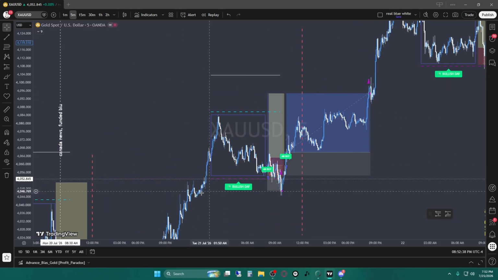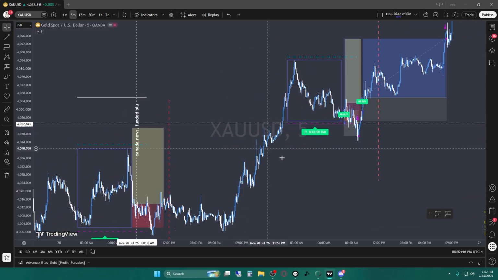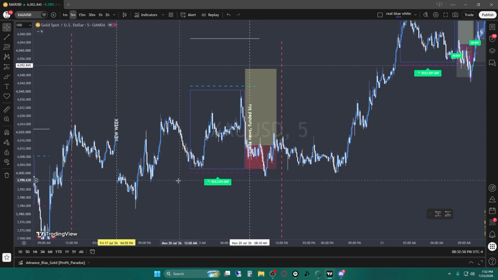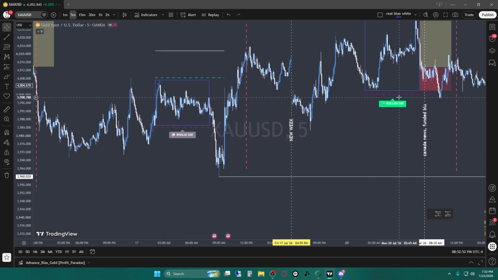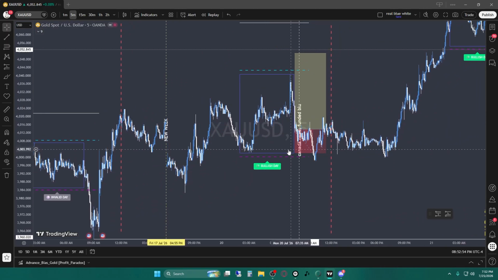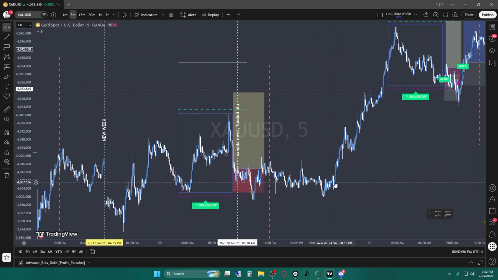That's what motivated me to make an indicator like this, because I used to revenge trade all the time and blow a lot of accounts. I've been through a lot of accounts over the years. Getting the bias correct helped me keep my accounts alive.